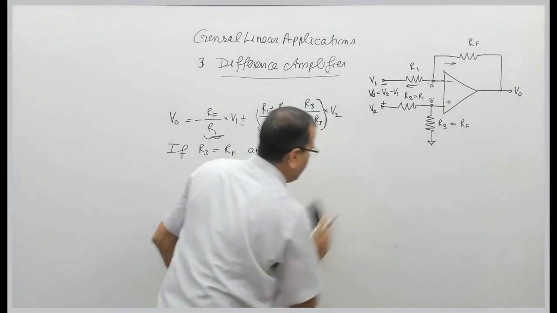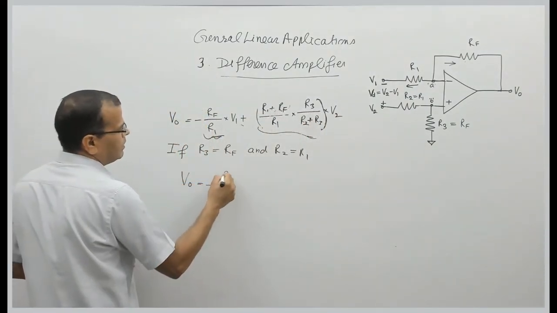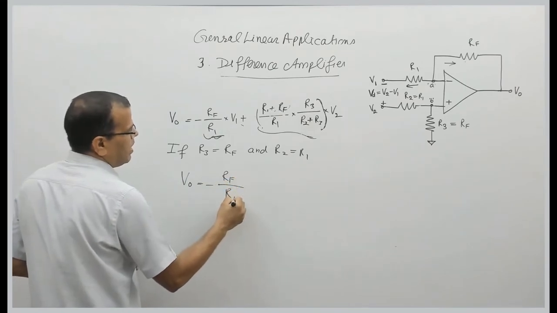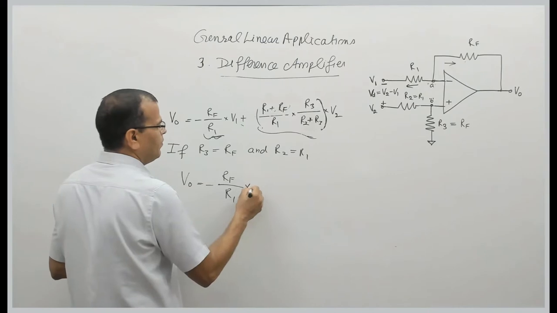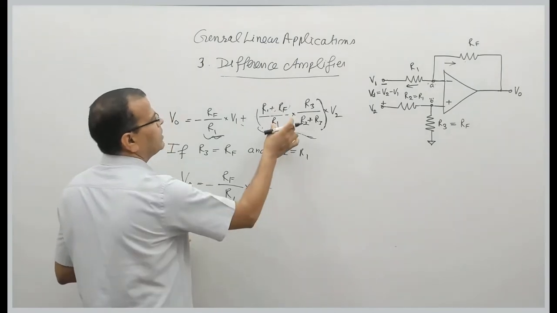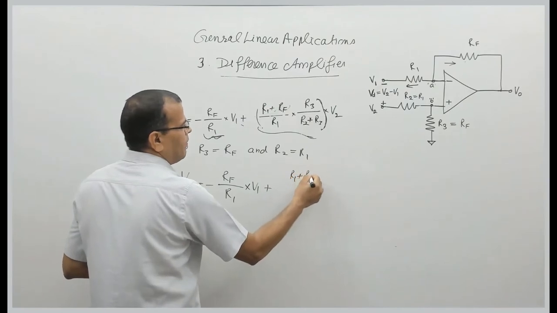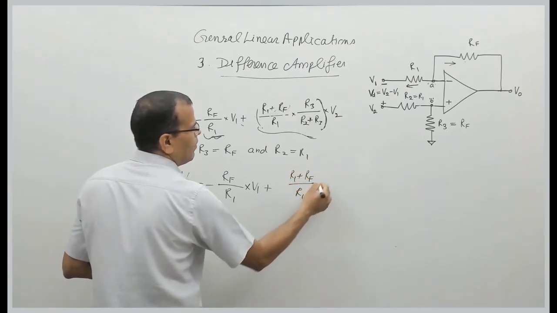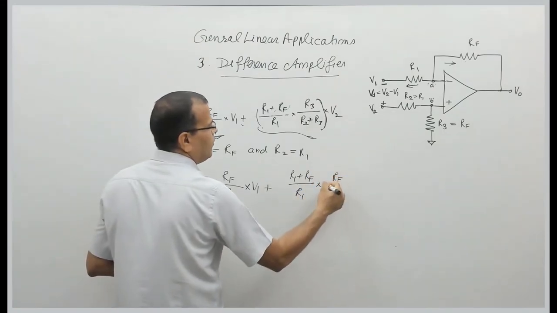let us see the expression. V0 will be equal to what? Minus RF by R1 into V1, plus, see this now, (R1 plus RF) divided by R1 into R3, which is RF, R3 is RF.